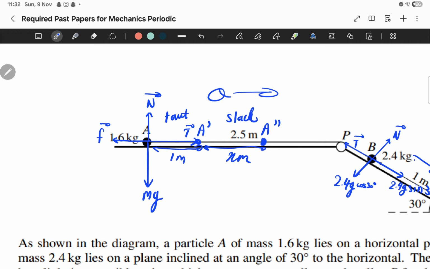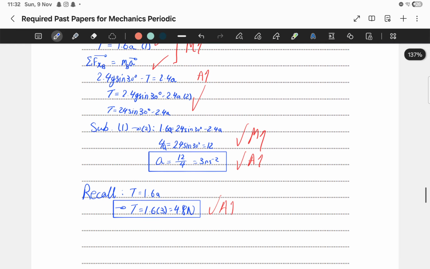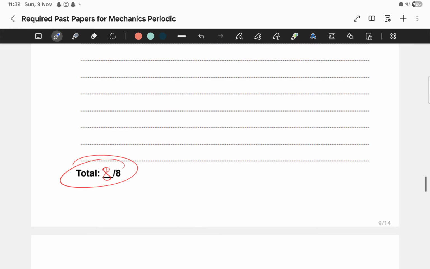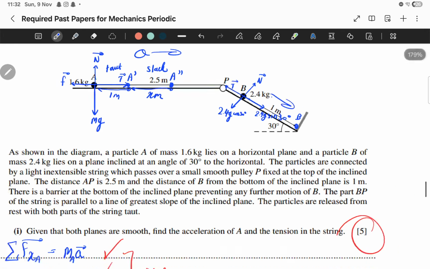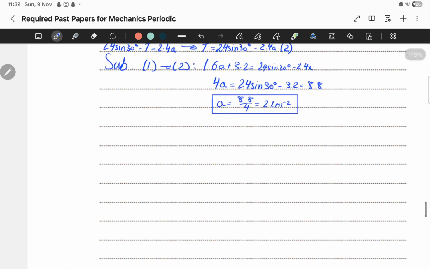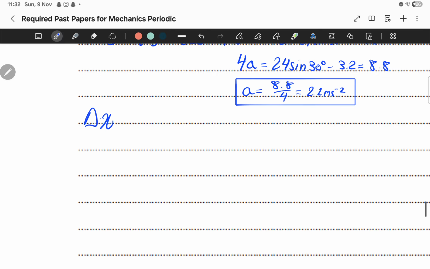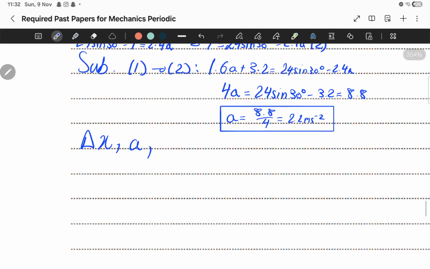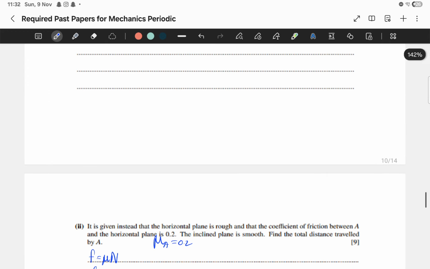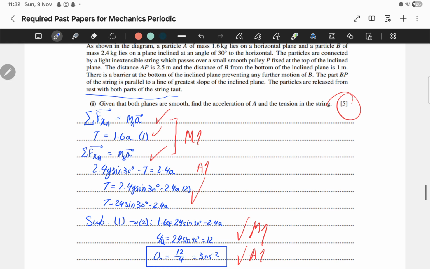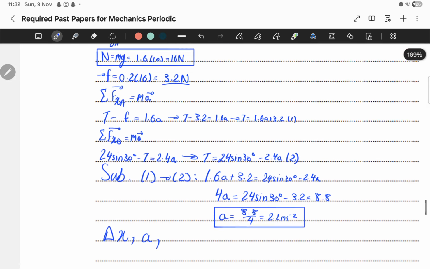Now let's find the velocity, right? The velocity will be the same in both cases. So we can take the velocity of B after it traveled 1 meter and equate it to this, because it's the same thing. So we have delta x, and constant acceleration means we can use the SUVAT equations. We have acceleration, right? What do we also have? It was released from rest, so the initial velocity is given.